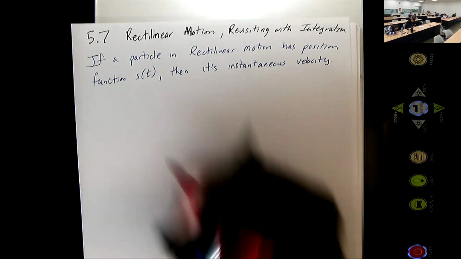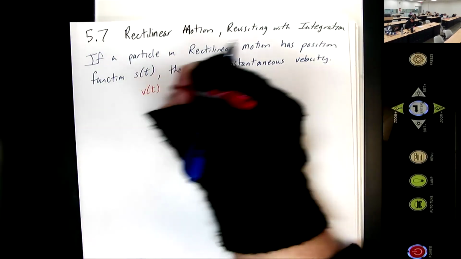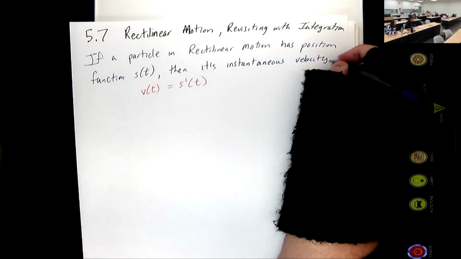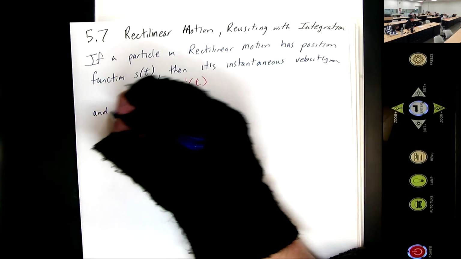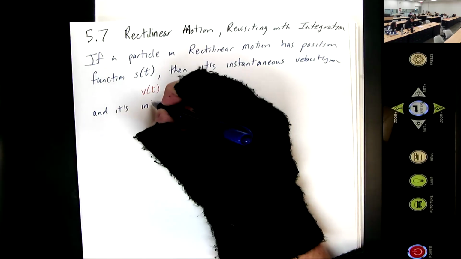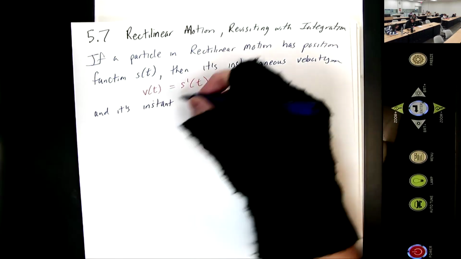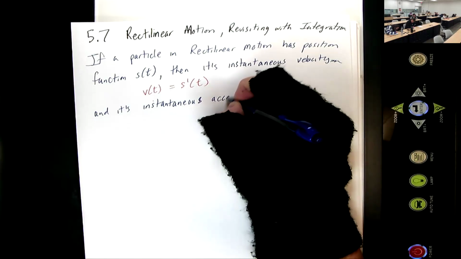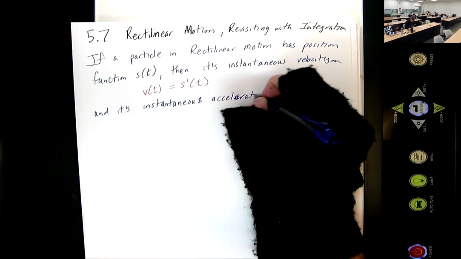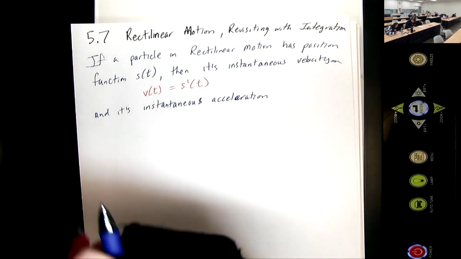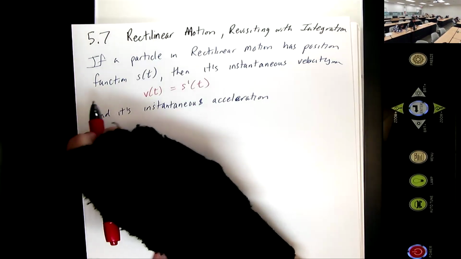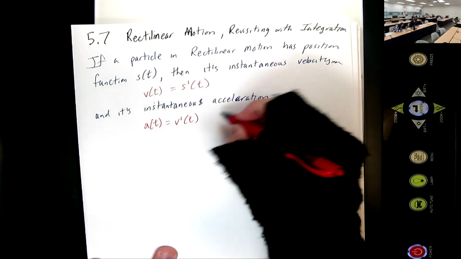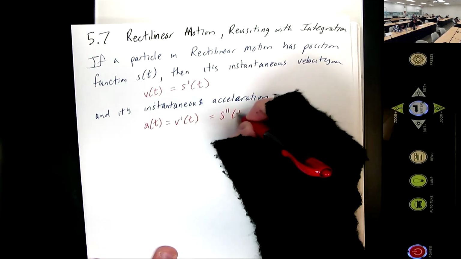v of t equals s prime of t. And its instantaneous acceleration, we have a of t, which equals v prime of t, which is actually s double prime of t.